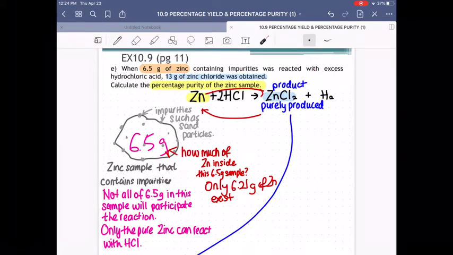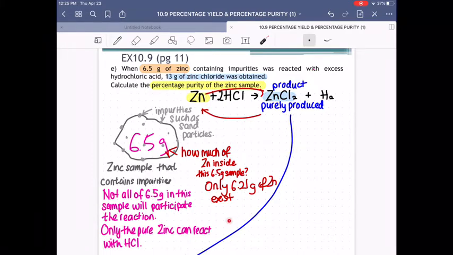After reaction with HCl, you get 13 grams of zinc chloride. So this zinc chloride is pure, so we need to backtrack, go back to find out how much pure zinc was reacted with this acid.